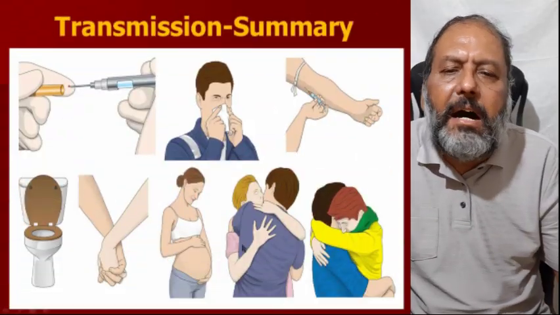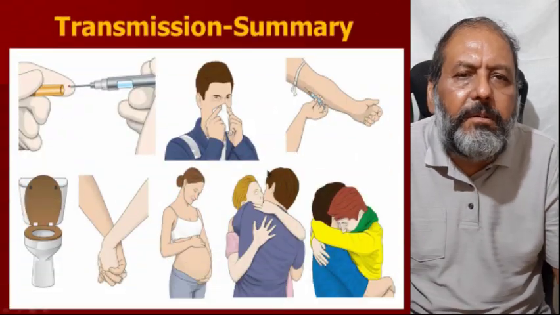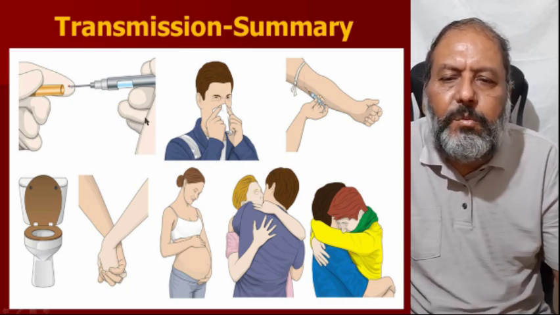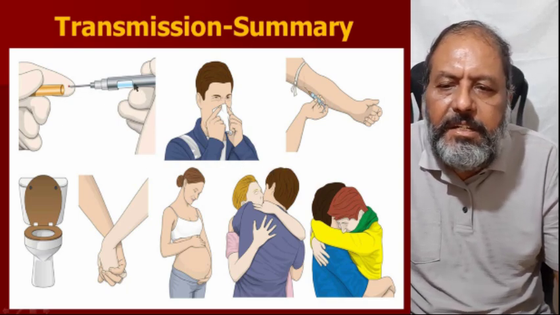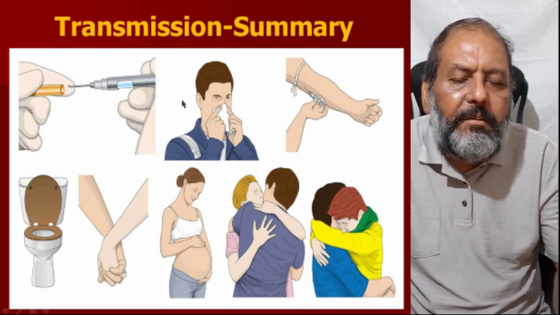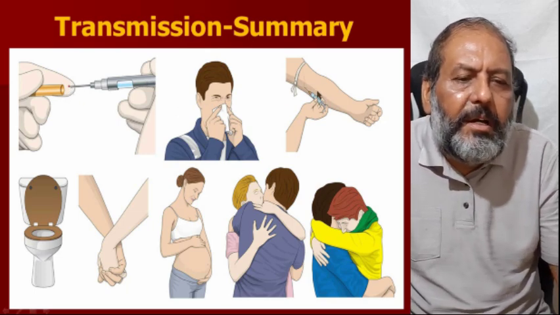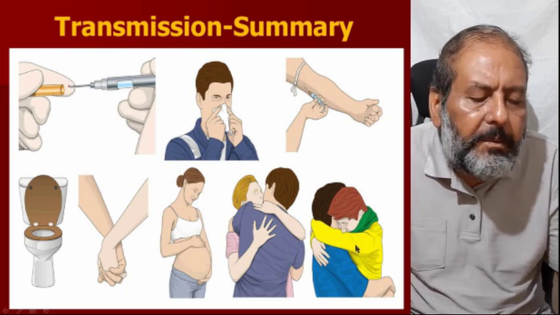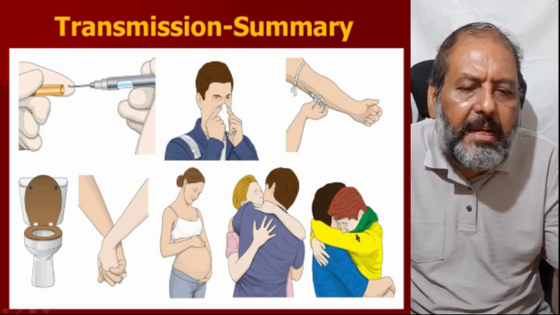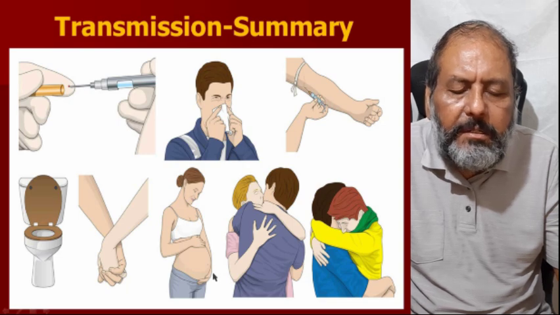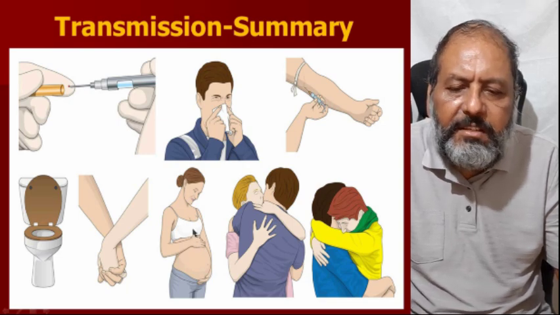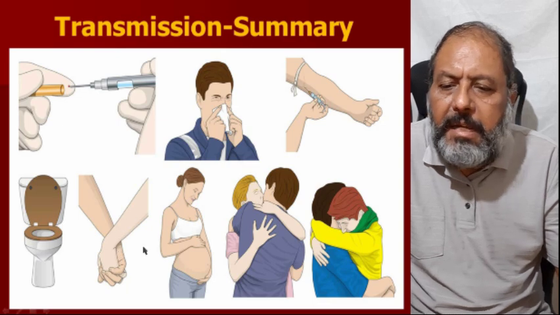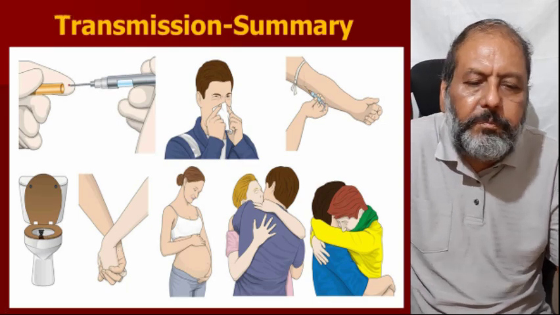So this is the summary of the transmission of bacteria from one person to another. One can see it by needle pricks, droplet infection, blood transfusion, giving injection, kissing, sexual contact, and here one can have transplacental and direct contact with the skin and via the feces.